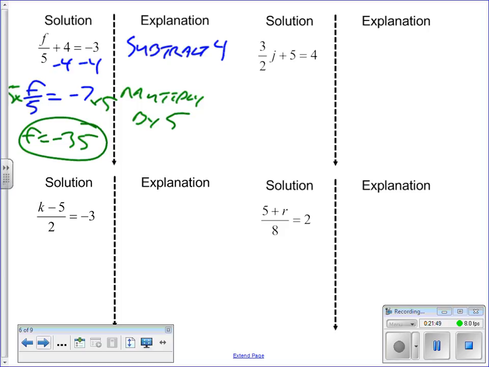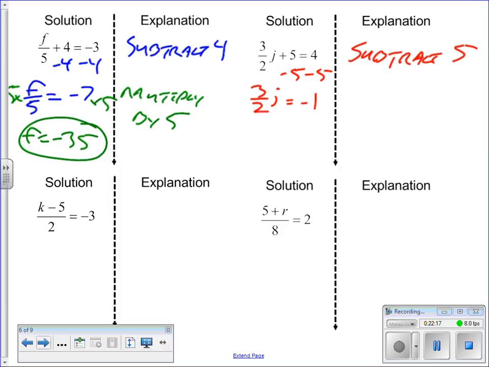So, next one. Over here. What do I do first? Subtract 5. That gives J equals -1. Ooh, that's nice. Multiplying by -1 is easy. And then what do I do?